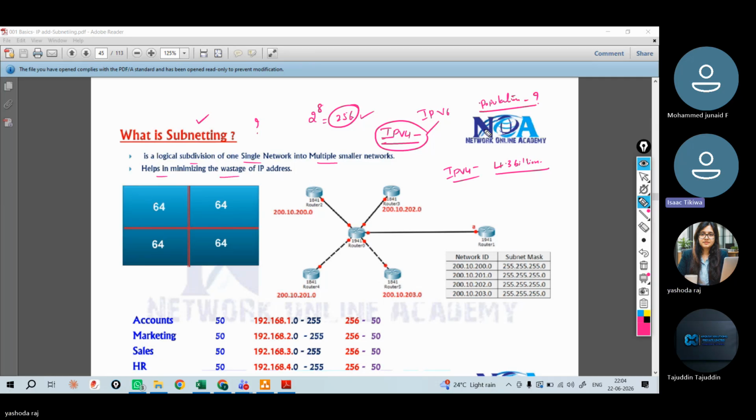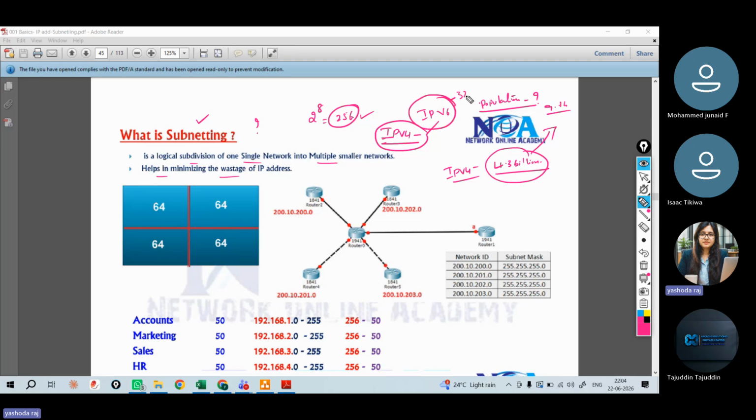Is it 9 point something billion or 10? Let me say 8.3 billion or 9.7 billion, right? So is 4.3 billion IP addresses going to be sufficient for the current population? No, it's not sufficient. That is why they have introduced IPv6.